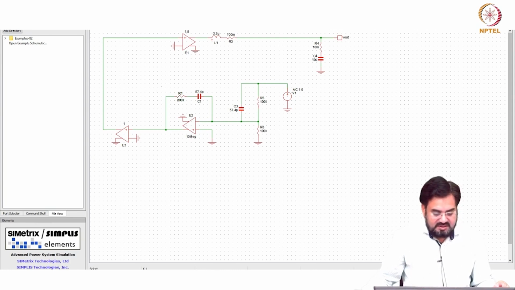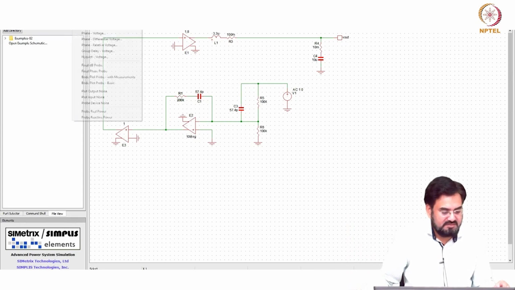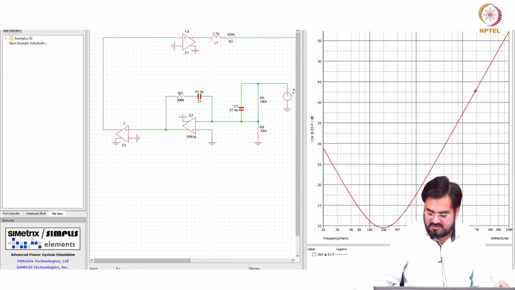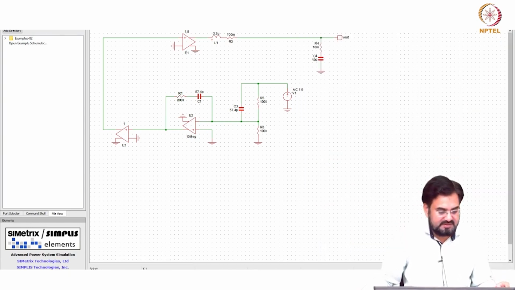So which means if I want to look at this output, we already plotted that, if you remember. So it should be looking similar to that. So we can look at, see. So you have integrator, then you cancel out, then second zero, and it will keep rising.